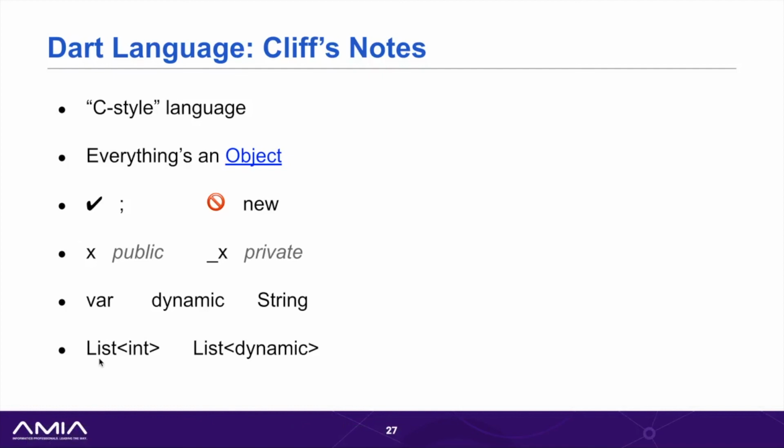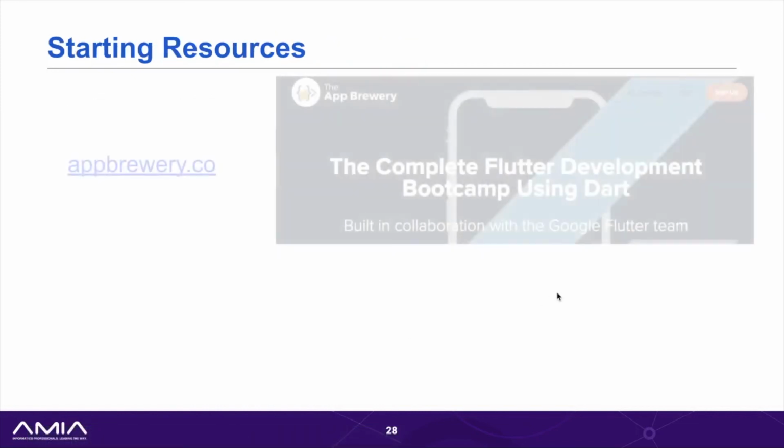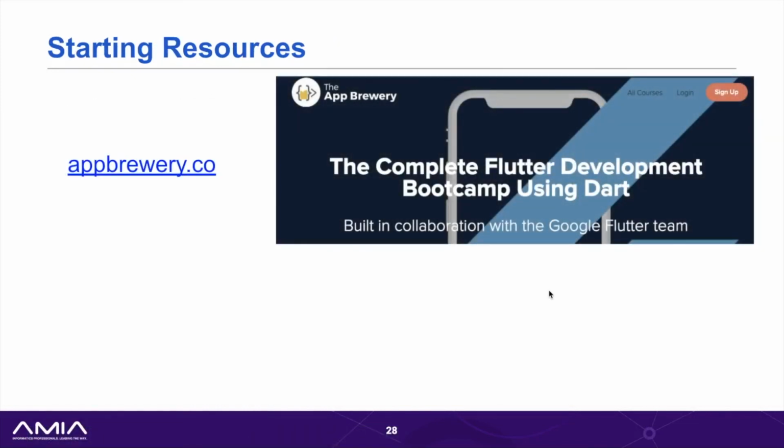An array is called a list, and if you have a list of things that aren't just integers, as an example, maybe you have an integer and a string and a decimal or something along those lines, you can just call it dynamic and it will put all of those into that array.